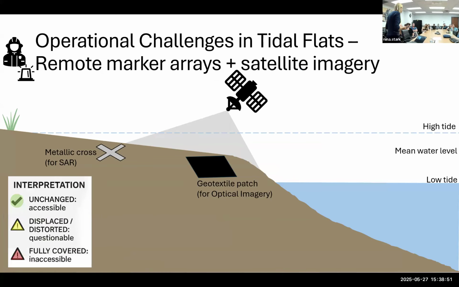What we could do is, for instance, use huge metallic crosses, maybe really lightweight, out of aluminium or something. Try different materials that you can see from the satellite, for SAR, or for instance geotextile patches that you can use for optical imagery.